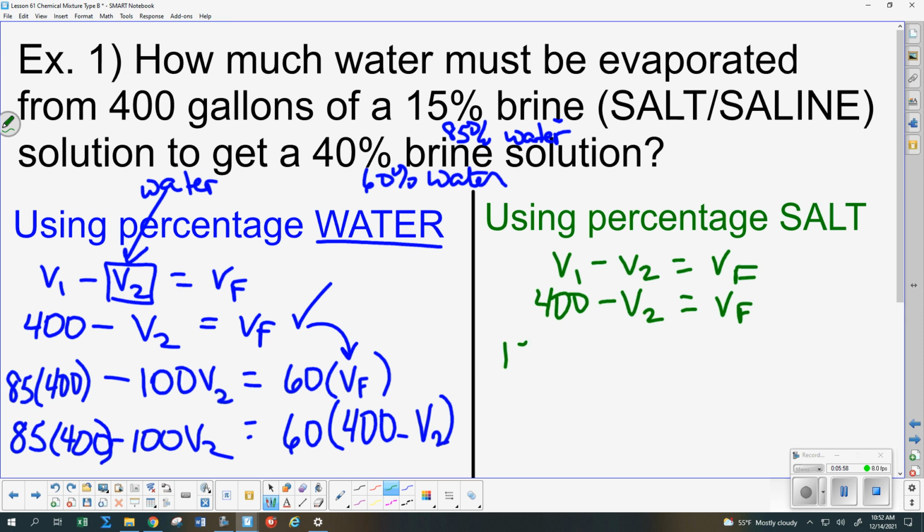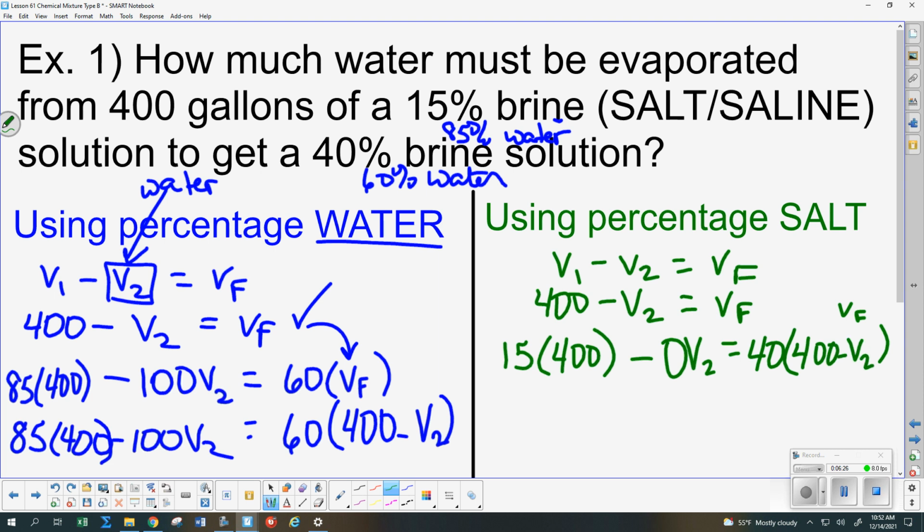So I start off with 15% when I have the 400 gallons. Water is what percent salt? So I get to do a 0 V2 right here. And then my VF is going to be 40% salt. And I know that my VF, from what I just said, is 400 minus V2.